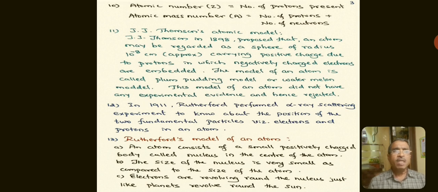An atom consists of a small positively charged body called the nucleus in the center of the atom. The size of the nucleus is very small as compared to the size of the atom. Electrons are revolving around the nucleus just like planets revolve around the sun.